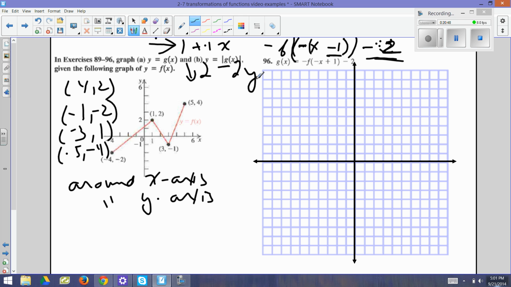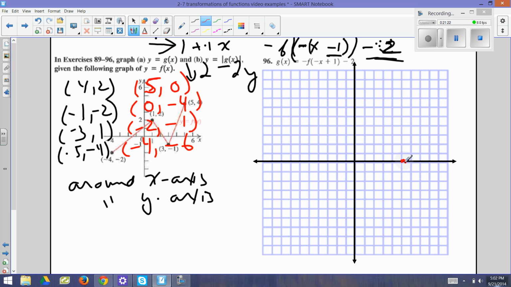So now my new points become, writing them in red now, let me just do my x's first. So 5, 0, negative 2, negative 4. So those are my x's. My y, subtract 2, so it's 0, negative 4, negative 1, negative 6. So my new points are 5, 0.